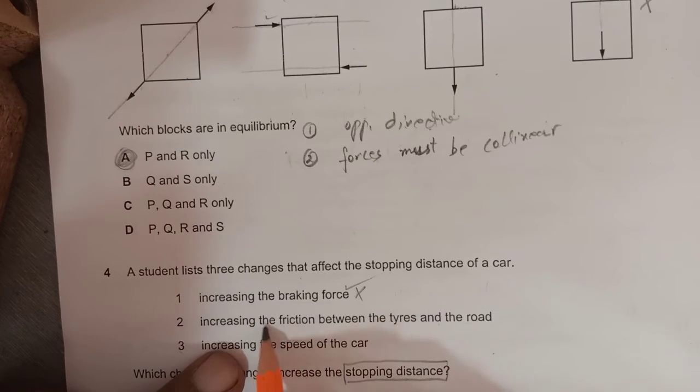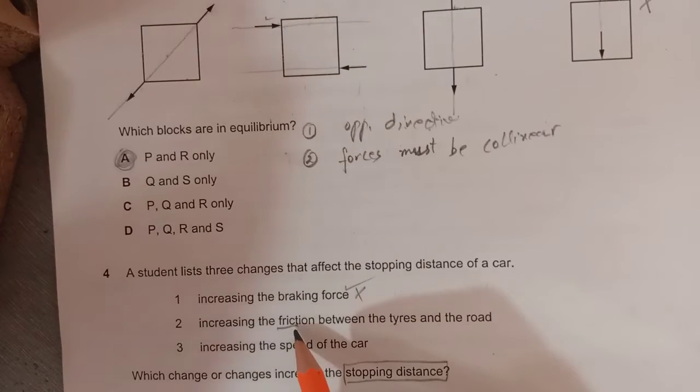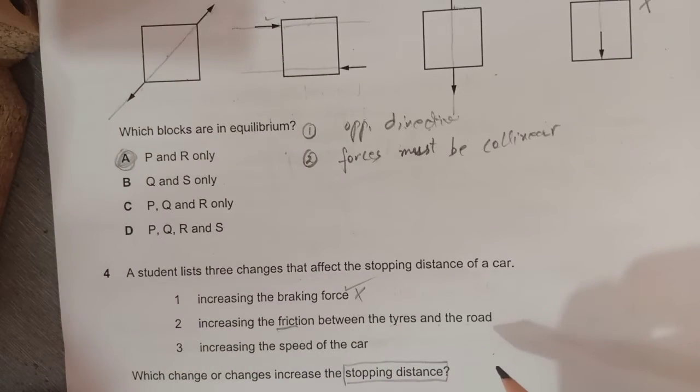Increasing the friction force: friction is a force against the motion. If we increase the friction, we decrease the motion, so the stopping distance decreases. So increasing the friction between the tires and the road decreases the stopping distance.